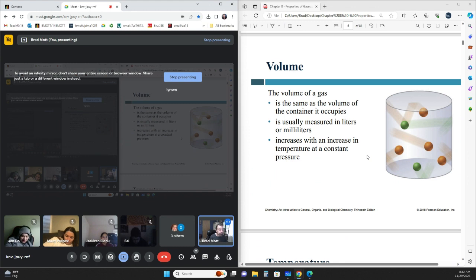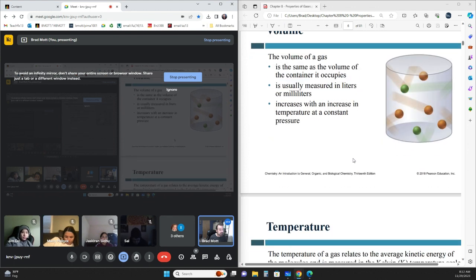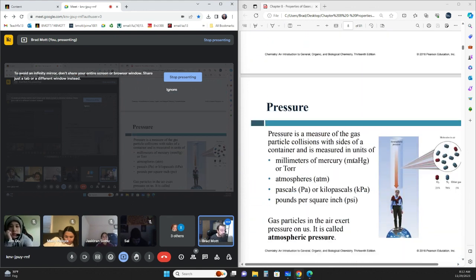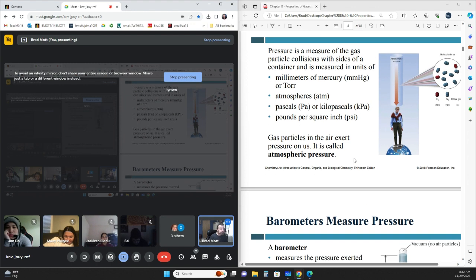So the volume is a set number that will stay constant unless it is a variable. It's the size of the container. Temperature is a measure of the energy of the collisions of the gas atoms and or molecules within.